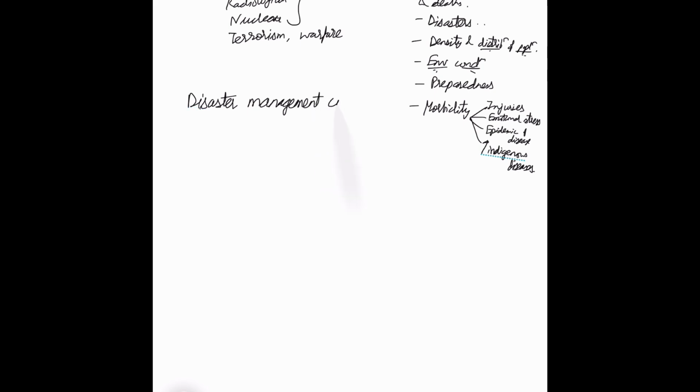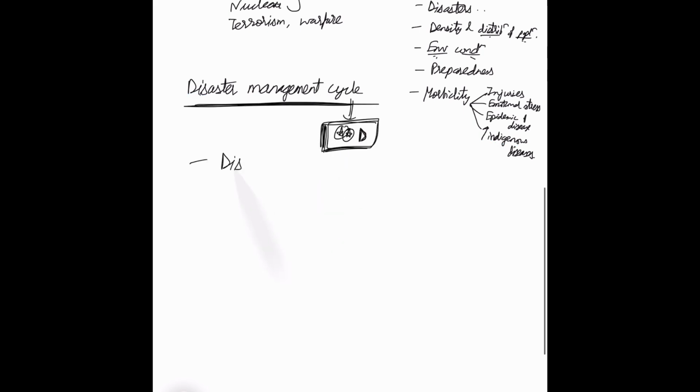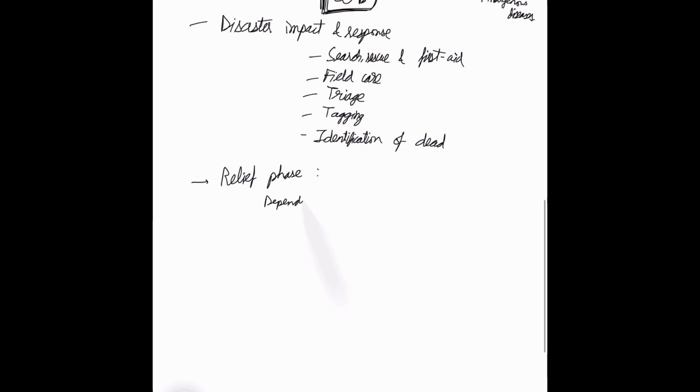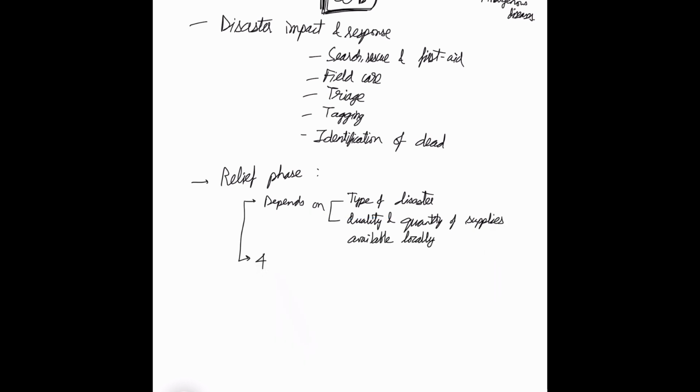We then move on to the core concept of this chapter, which is also a very important diagram, the disaster management cycle. It starts with disaster impact and response. And the response phase involves search, rescue, and first aid, field care, triage, tagging, identification of dead bodies, and then we move on to the relief phase, which depends on the type of disaster and the quantity of supplies available locally.